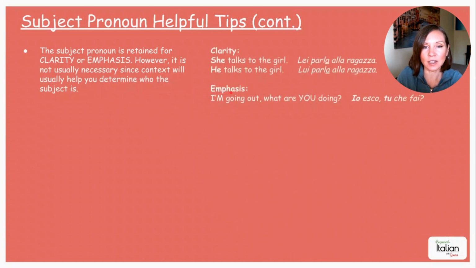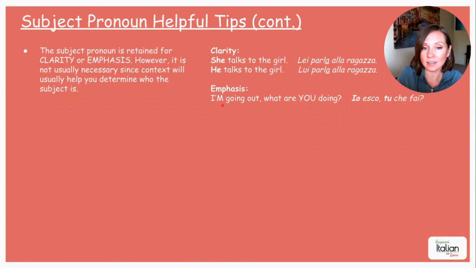Another example, we would leave it in for clarity because, as we just talked about, if you're saying "she talks to the girl, lei parla alla ragazza," or "he talks to the girl, lui parla alla ragazza," and you leave out the pronouns, it's the exact same sentence. Okay, so "parla alla ragazza," "parla alla ragazza." So in this case, you'd probably want to leave them in just for clarity.